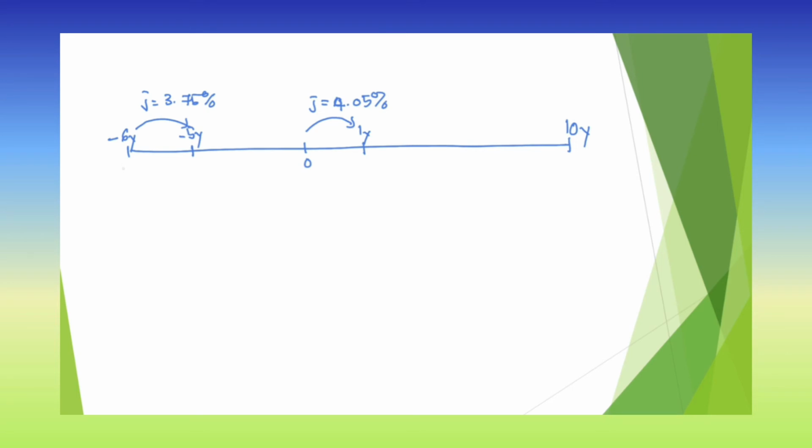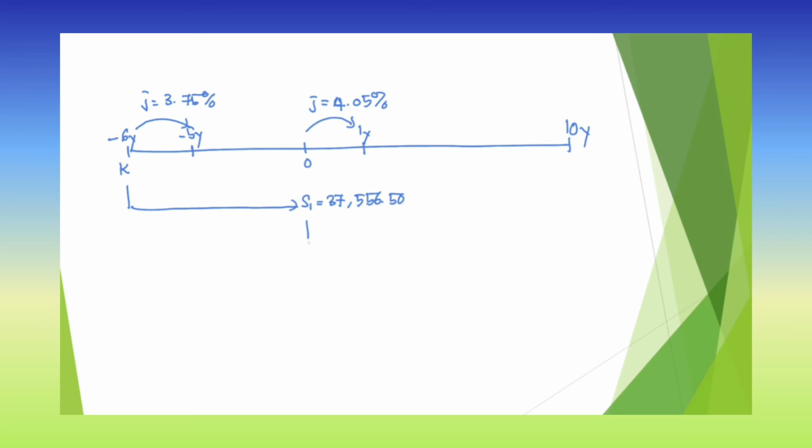Earlier we deposited K here, and now S1 is 37,556.50.